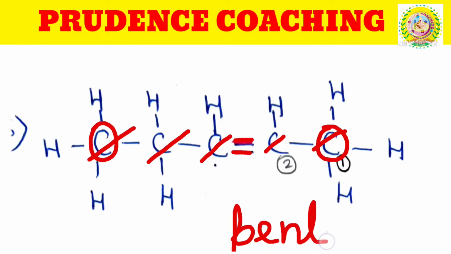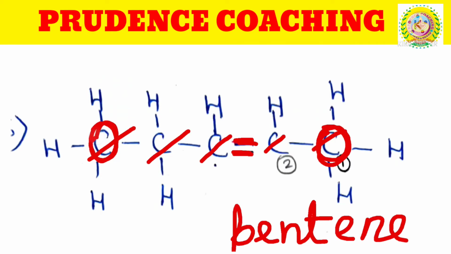Now we have a double covalent bond, so ENE. But my dear students, here you cannot write pentene like this, because this covalent bond is not with the terminating carbon. You need to find out the position of the carbon with which the double covalent bond is there.